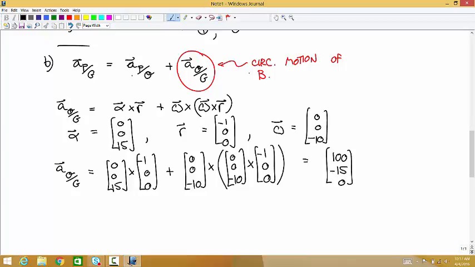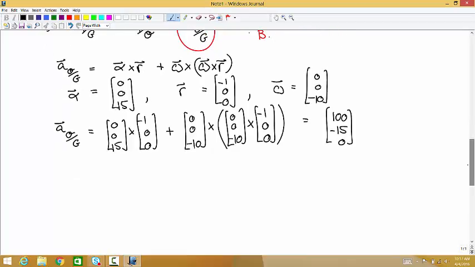And now we have to go on to the acceleration of P relative to the origin. For that one, we're going to use the rotating coordinate system equation.